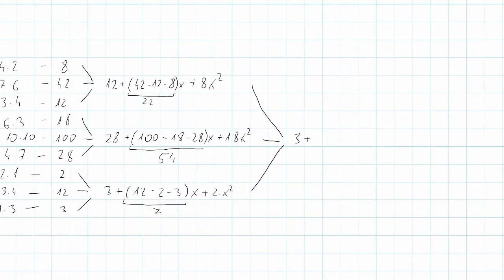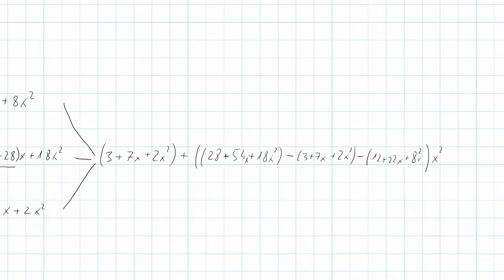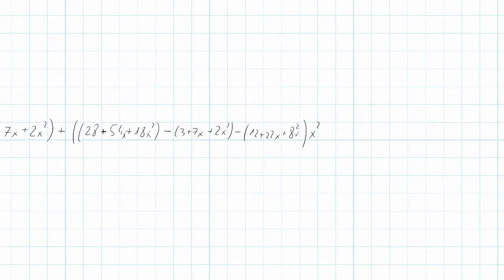So it is 3 plus 7x plus 2x squared plus, now the difference between the middle part and the upper and lower parts, so it's 28 plus 54 plus 50 or x plus 18x squared minus 3 plus 7x plus 2x squared minus 12 plus 22x plus 8x squared, and this is times x squared, and finally we have 12 plus 22x plus 8x squared times x to the 4th power.